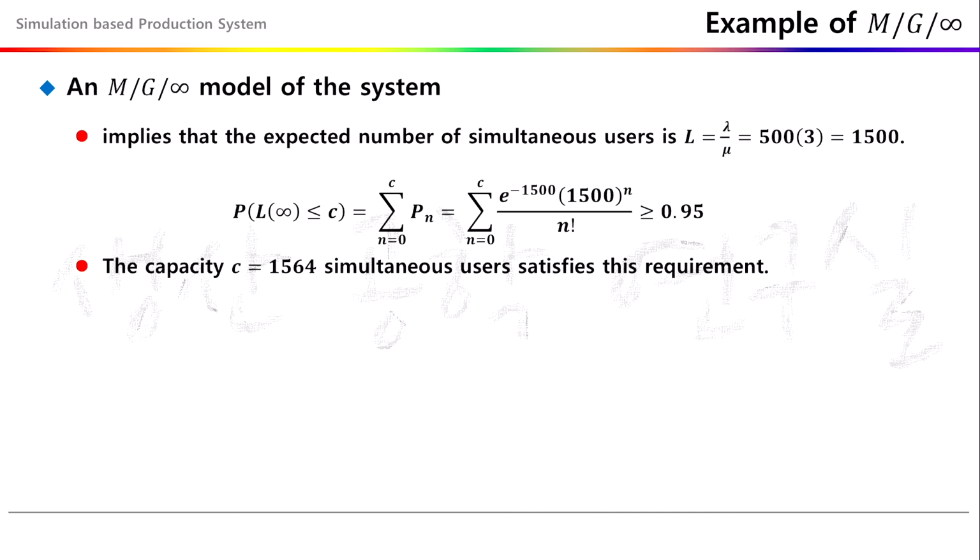Only one formula is used here. Now, do you remember what this means? This means the probability that n customers are staying in the entire model.